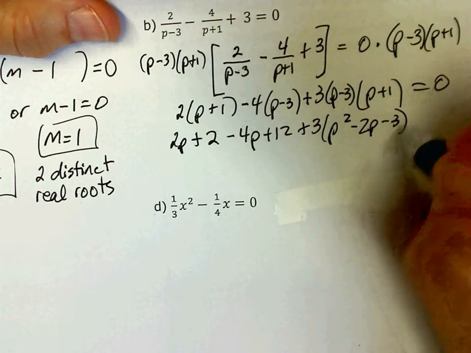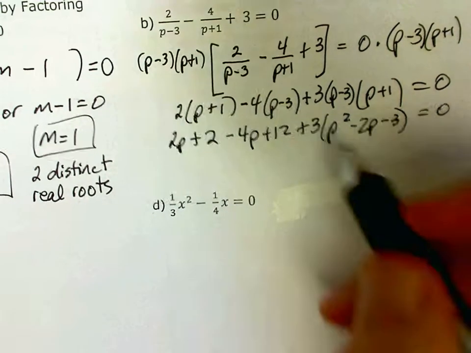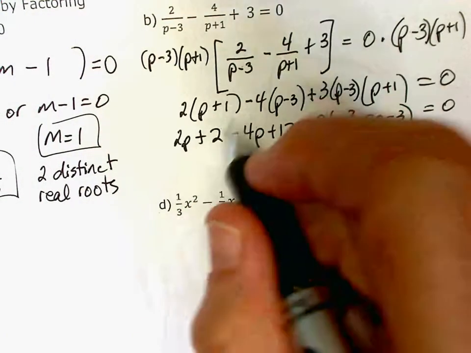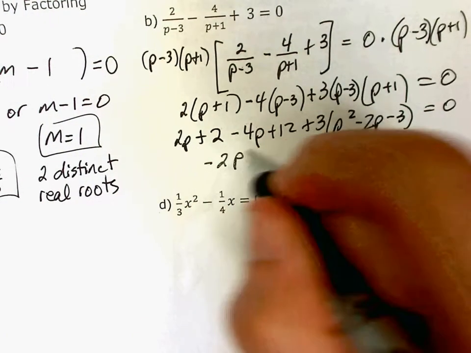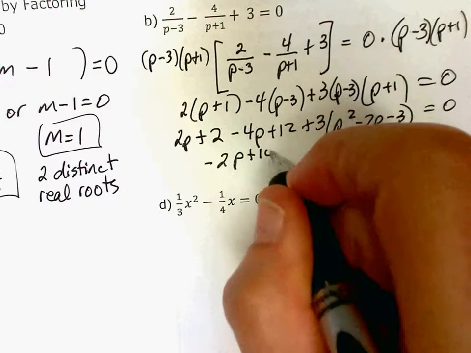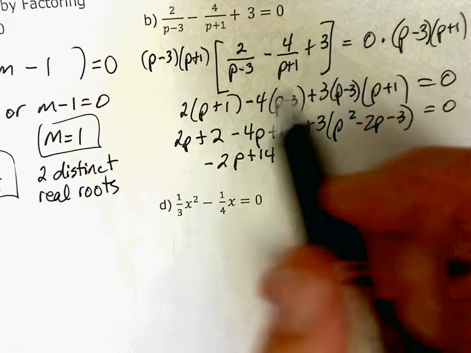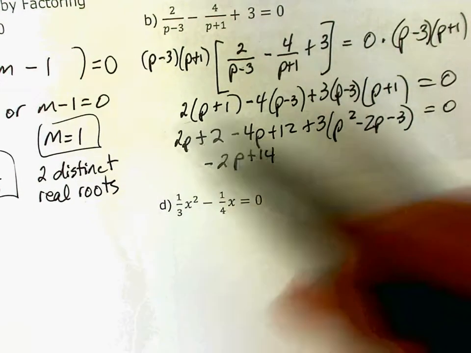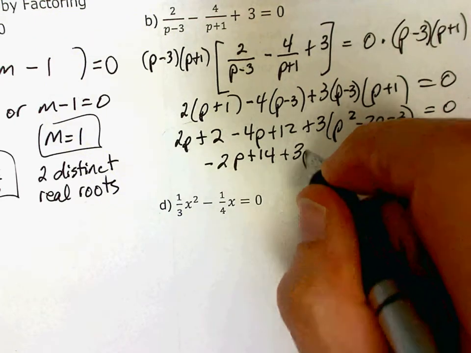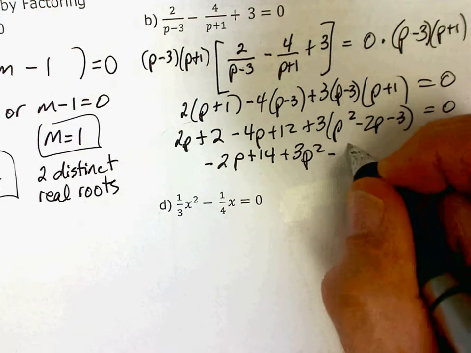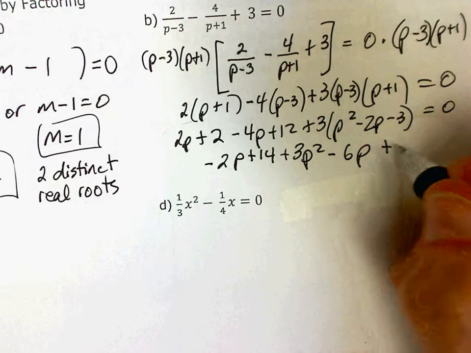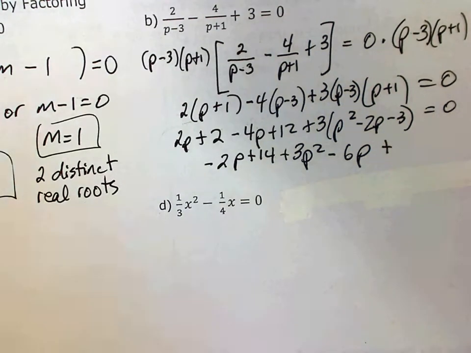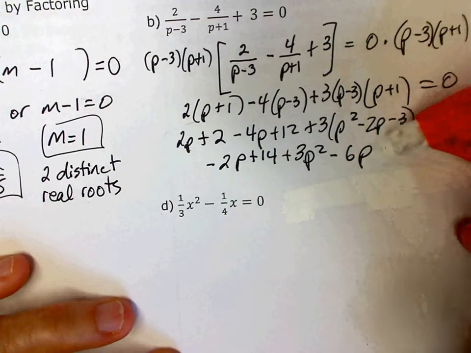So we're going to have to multiply that out, but this is minus 2p plus 14, right? I just collected like terms here, plus 3p squared minus 6p, oh, that should be minus 9, equals 0.